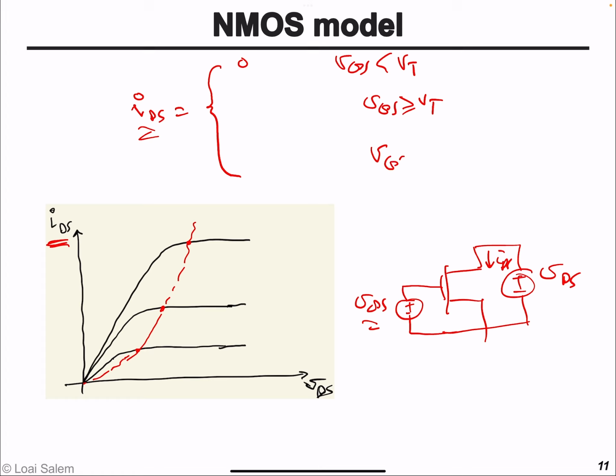and we have one of 2 possibilities depending on the drain to source voltage. If the drain to source voltage is less than VGS minus VT, which is the overdrive voltage, we are in the triode region.